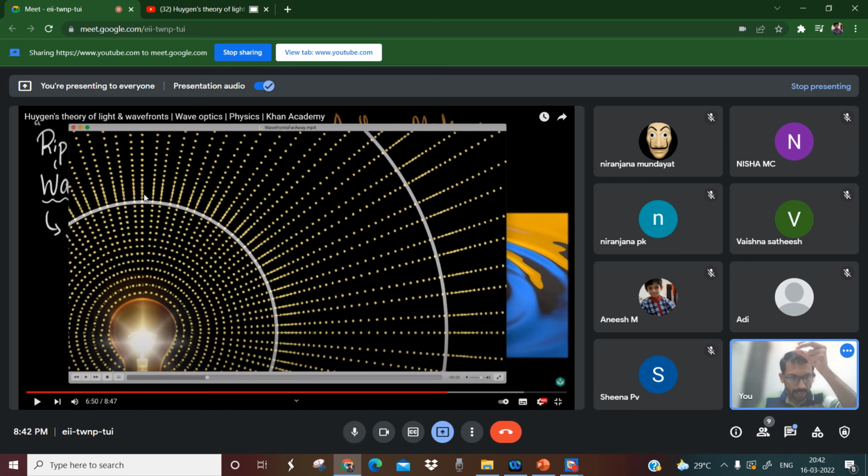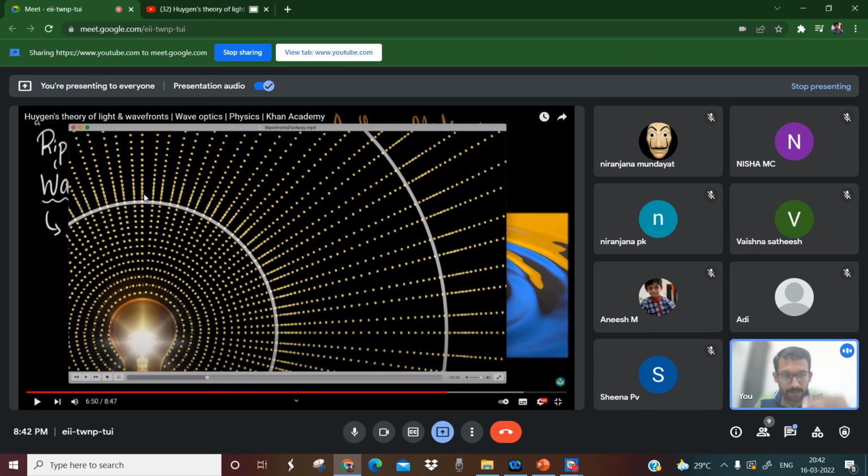Got it? So let me ask one question. Suppose my source is rectangular in shape. My source of light is rectangular in shape, like a tube light kept perpendicular to the earth. Then what will be the shape of the wavefront?